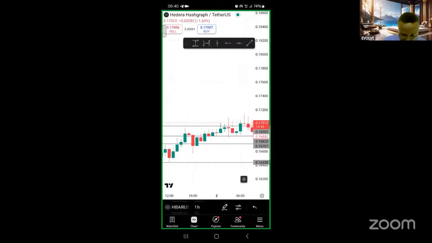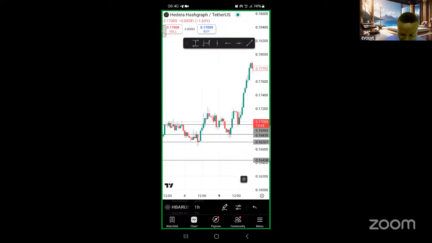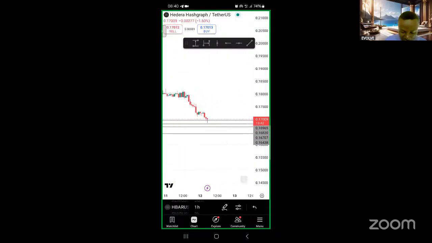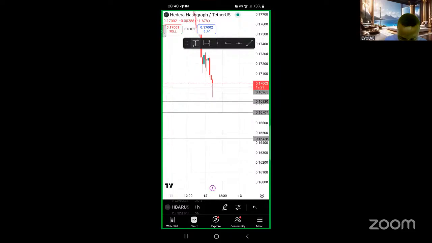So meaning there are a lot of possibilities that when we touch support line number 3, the market will bounce back and go up. This is where I'm going to now get my measure, put it up here on the market price.